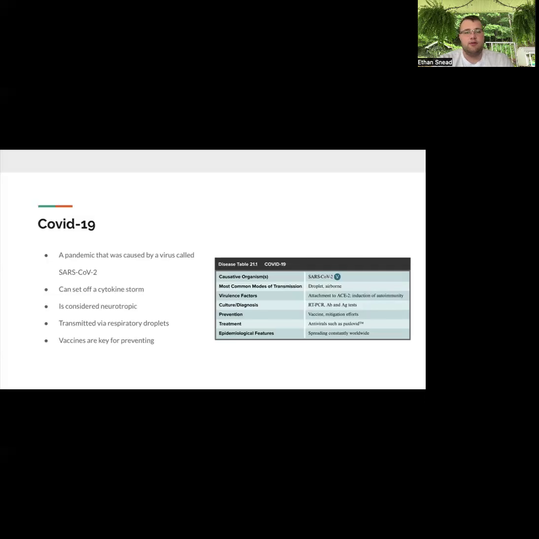As more studies were done, more vaccines were rolled out, along with boosters that helped protect people from getting this virus. To the right here, we have a disease table that includes all the different factors for COVID. You can pause and look at this, as we're not going to cover it in the short time frame we have here.